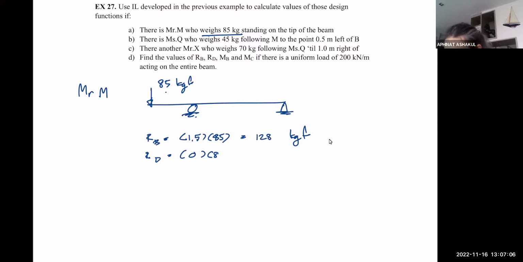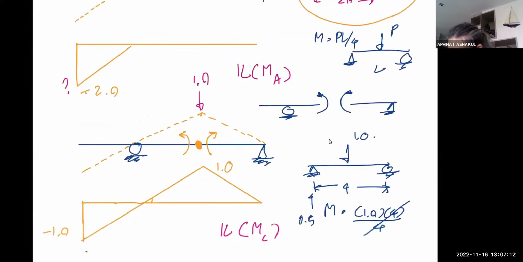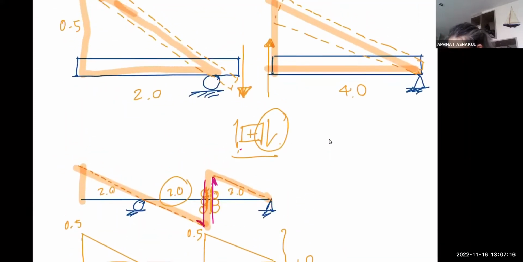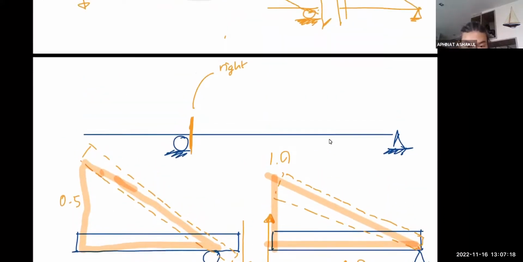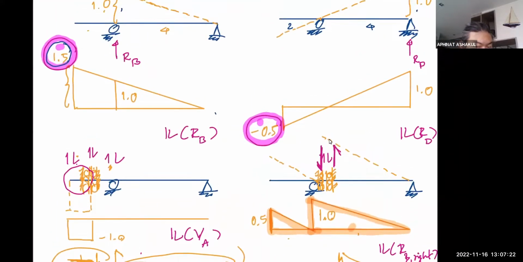And RD now. We go back to this. It's minus 0.5, right? So the value is minus 0.5 because Mr. M is at the tip of the beam and RD, when we have the load at the tip, is minus 0.5.